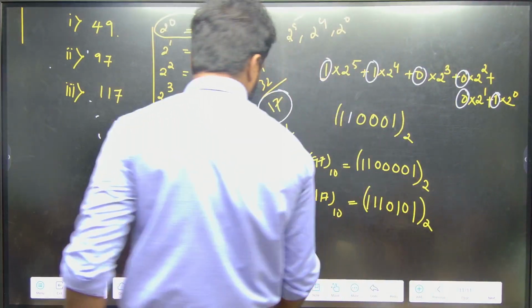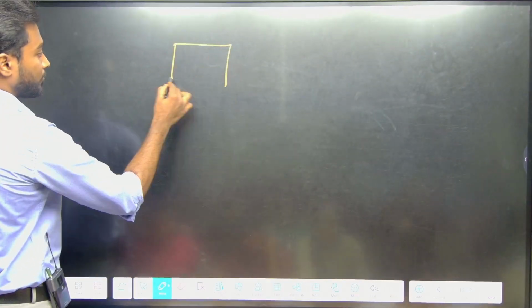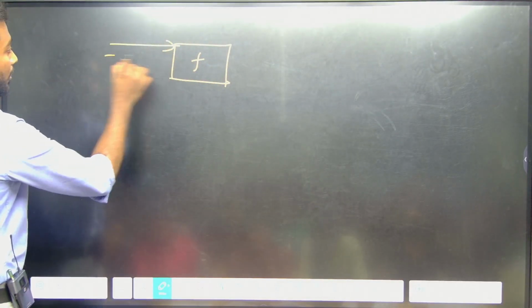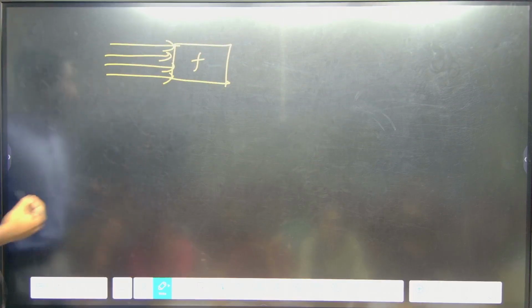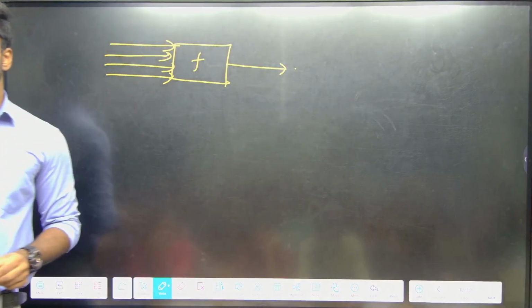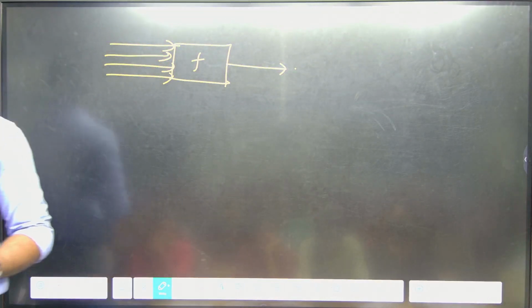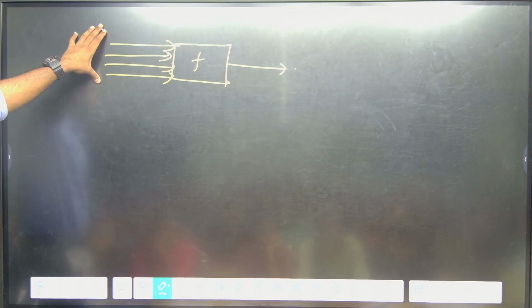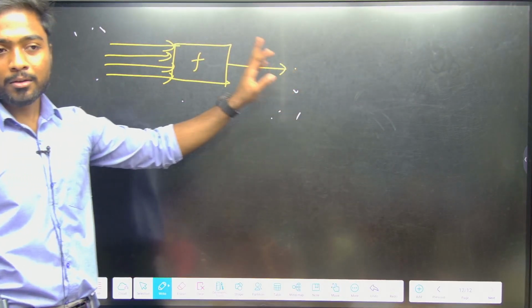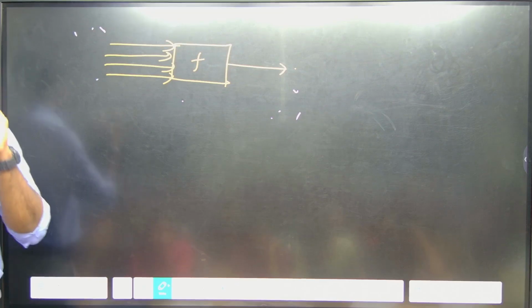Suppose there is a function. I am giving n number of inputs for the function, but the output will be only 1. There can be any number of inputs for the function, but the output will be only 1. So this is the main thing we need to know in logic gates.